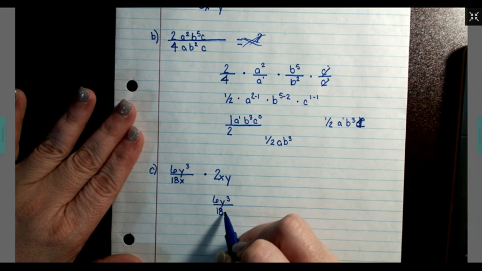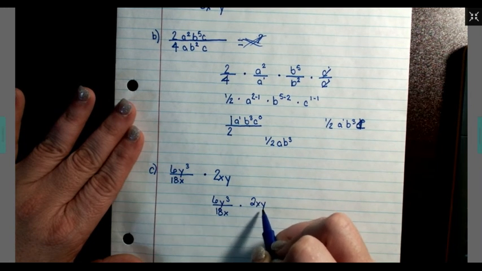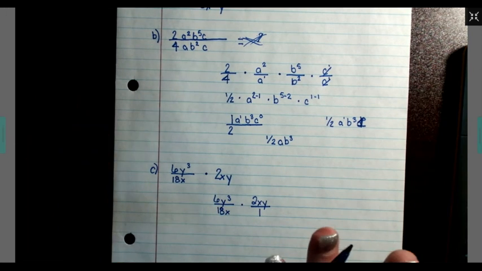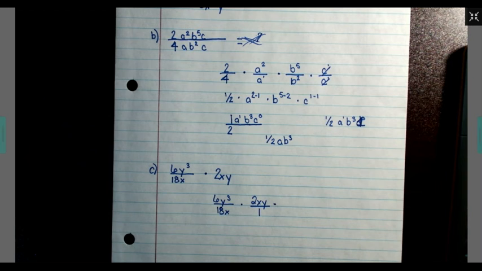So we got 18x times 2xy over 1. Now, remember that when we're multiplying fractions together, the denominators do not have to be the same. So I can multiply these just as they are.